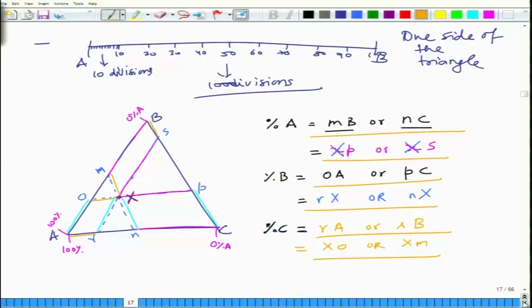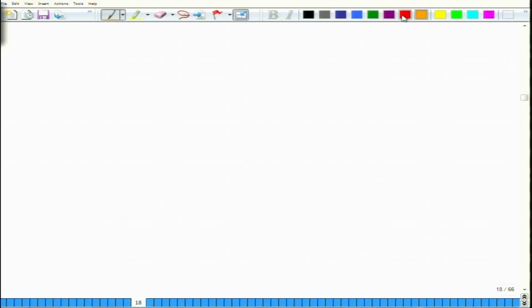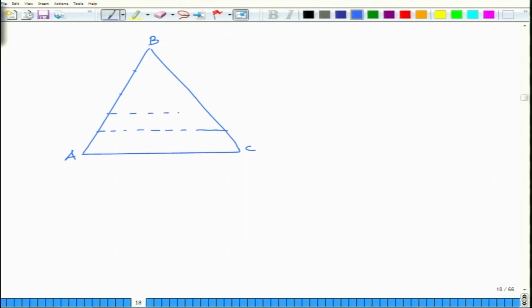So, first things first. Let us say you have an alloy like this. This is A, B and C, and I draw these lines.